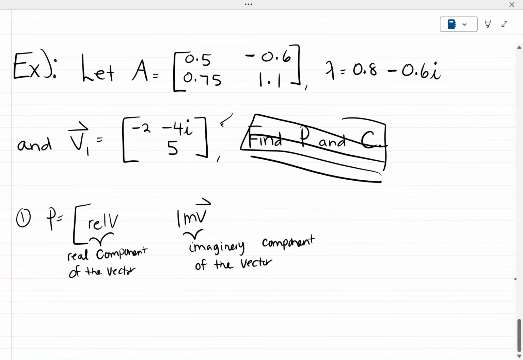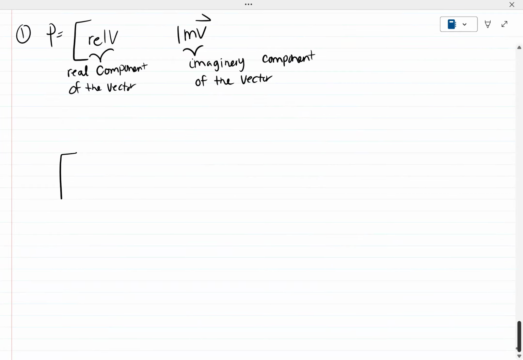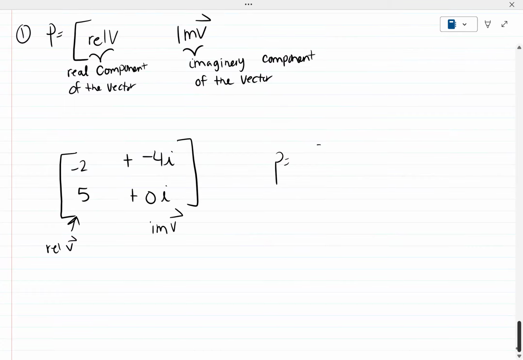The real is this one: our real vector is (negative 2, 5), and then negative 4i plus 0i is the imaginary part. So that means your P is going to be negative 2, 5, negative 4, and 0.